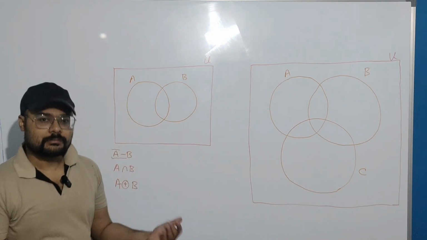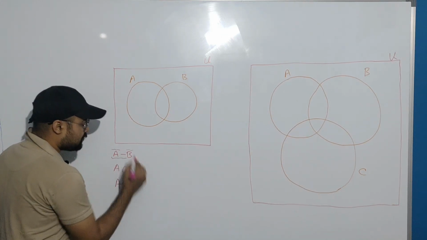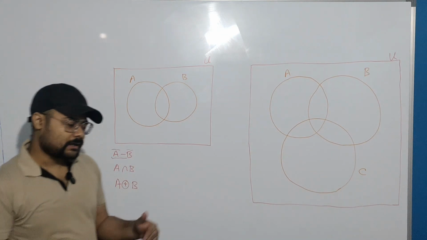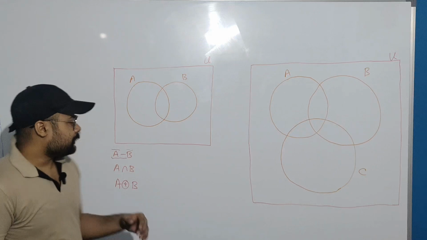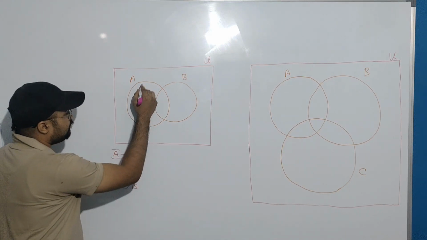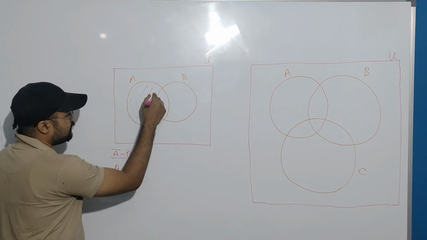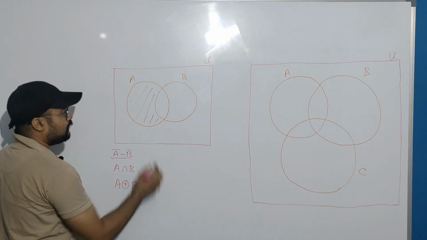What elements are you removing? The elements that are present in B. That's how we look at set difference. This is the region for set difference, A minus B.